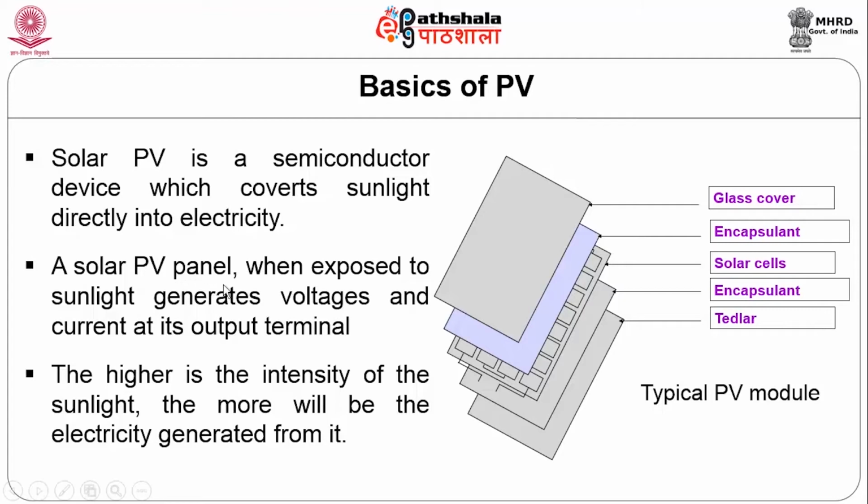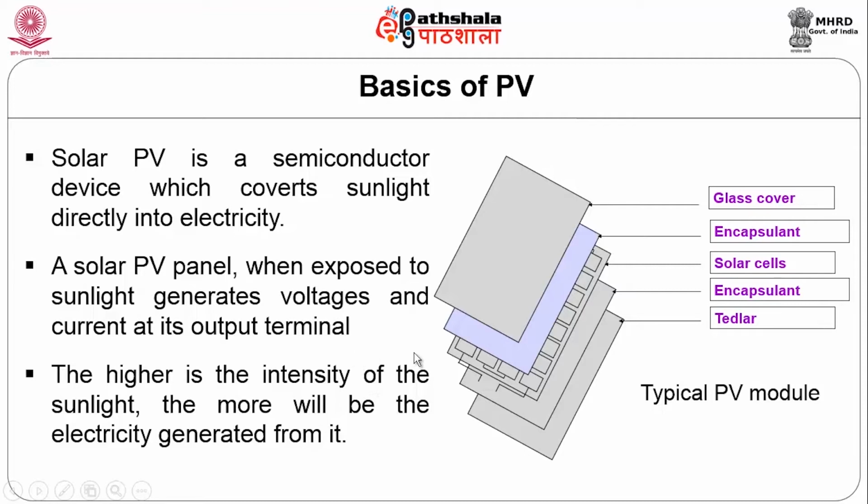When exposed to sunlight, a solar PV panel generates voltage and current at its output terminal. The higher the intensity of the sunlight, the more electricity will be generated from it. And it does not have any moving components.